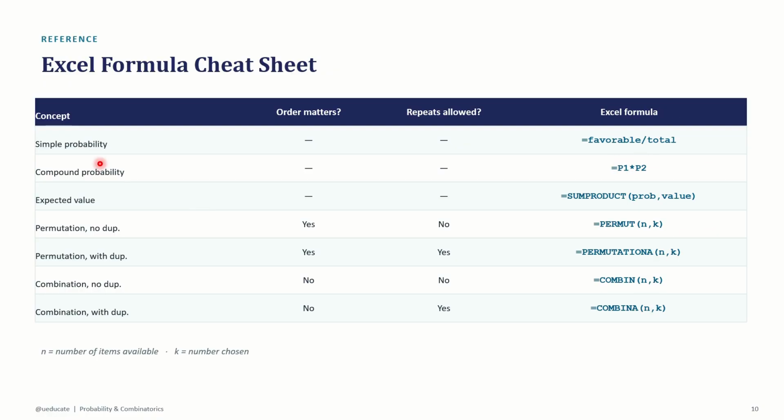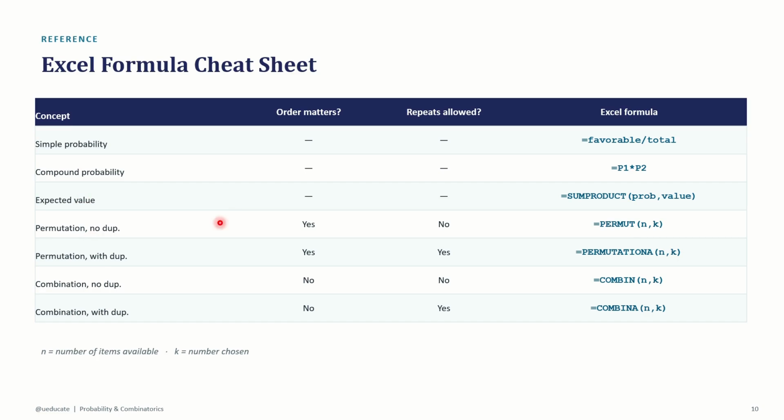That's the compound probability. What is the expected value? We have the expected value as the sum of the products, the probability into the value, and their sum is the expected value, just to know if it is worth taking the risk of introducing something new into the business.